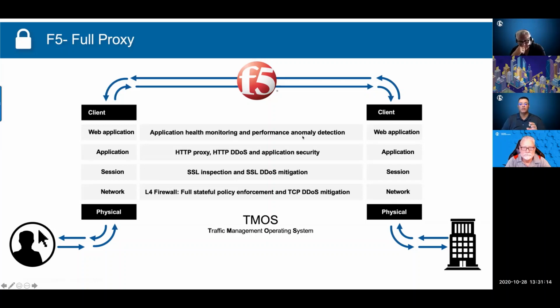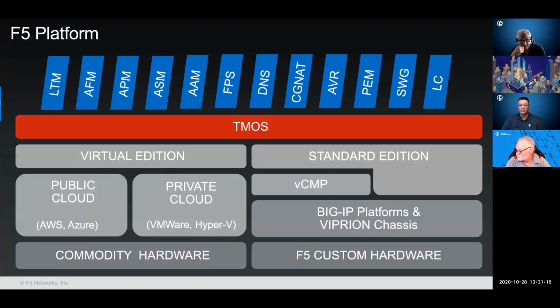As a result of having this full proxy capability, we have the opportunity to make our product modular, right? One of the first things we did with F5, back in version 9, was this: previous versions were such that you had to buy an appliance just to do load balancing and another one to do DNS load balancing. We used to use BSD Unix as our operating system.